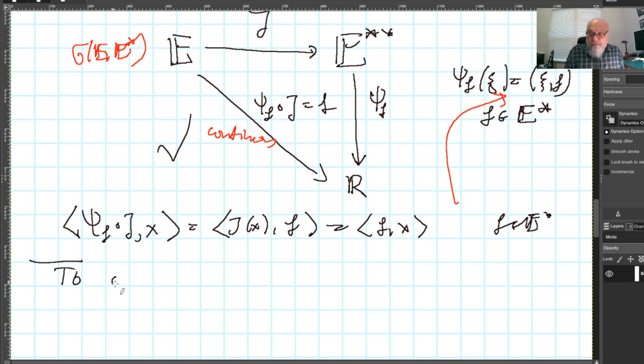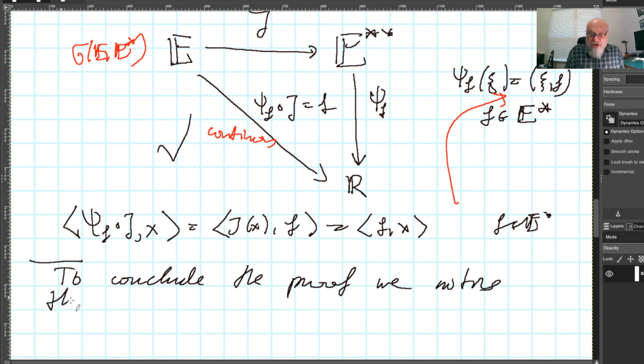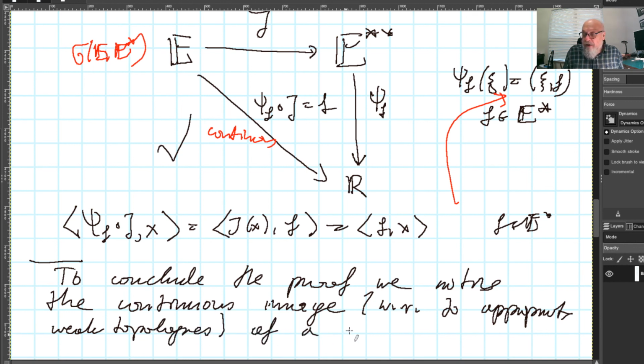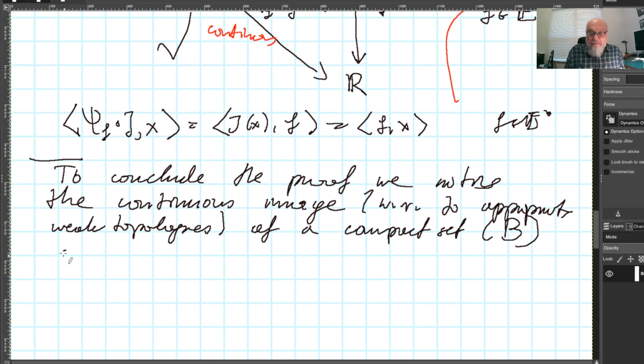Now the conclusion of the proof is just a simple remark. To conclude the proof, we notice that the continuous image, with respect to the appropriate weak topologies, of a compact set, in this case B, weakly compact, because this is a weak topology, is compact.